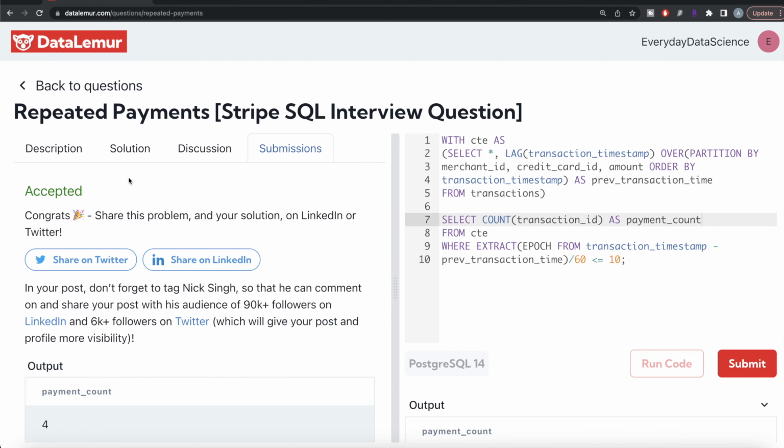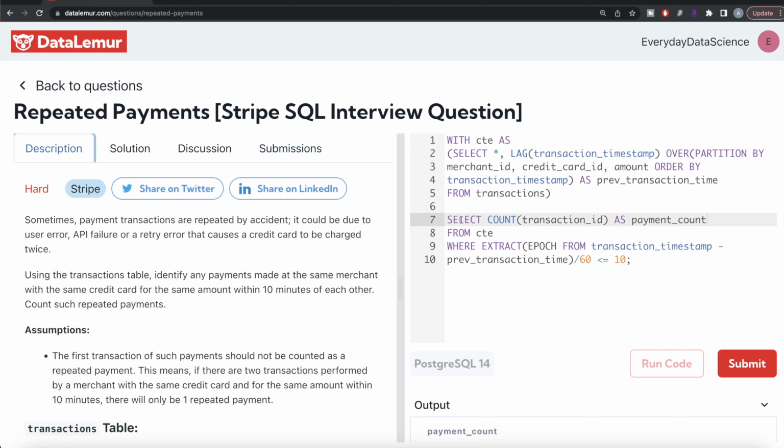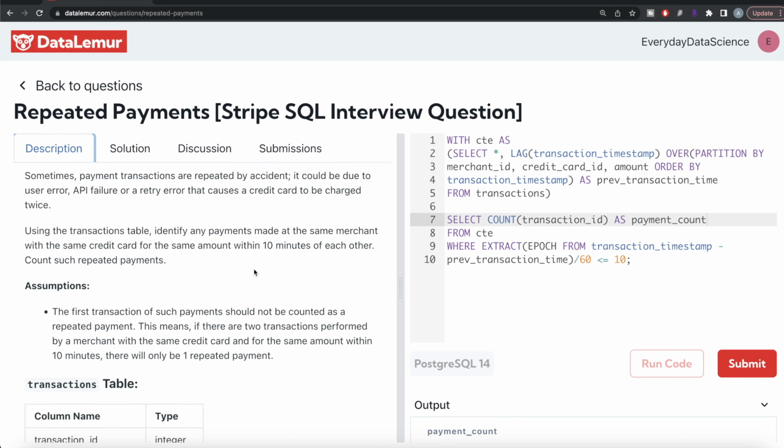Again, not a very difficult question. All we had to do was, firstly, find out for each merchant ID, credit card ID, and amount, when they are the same, what the previous transaction time is, because that is how we are defining a repeated payment: payments made at the same merchant with the same credit card for the same amount, right?